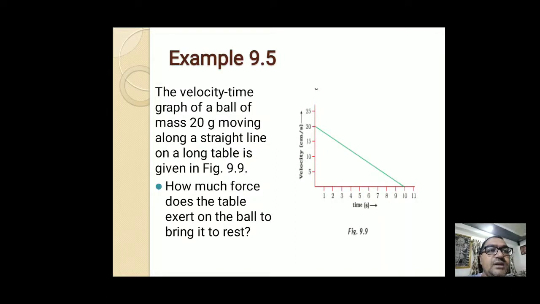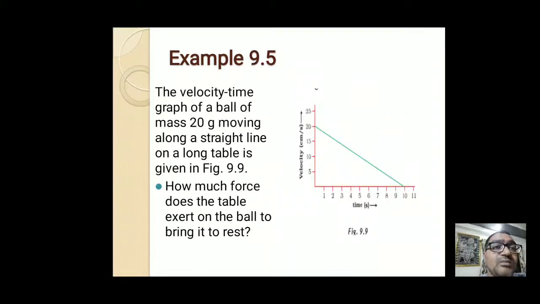This is given in our NCERT 9th standard science textbook, based on one diagram, and certain things we can observe with the help of this figure. Let's read the question. The velocity time graph of a ball of mass 20 gram moving along a straight line on a long table is given in figure 9.9.